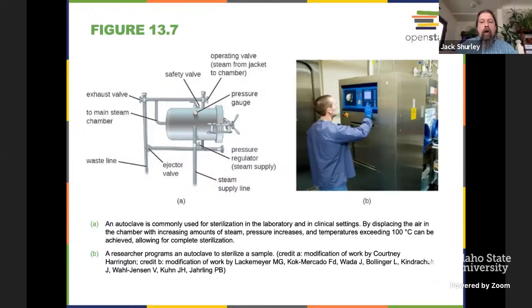You can push a whole cart into this autoclave. You close it, you set the parameters, you cook it up, and on the other side of that autoclave is another room. It's the clean room. And when this is all completed, you open the door on the other side, and everything in there is sterile.